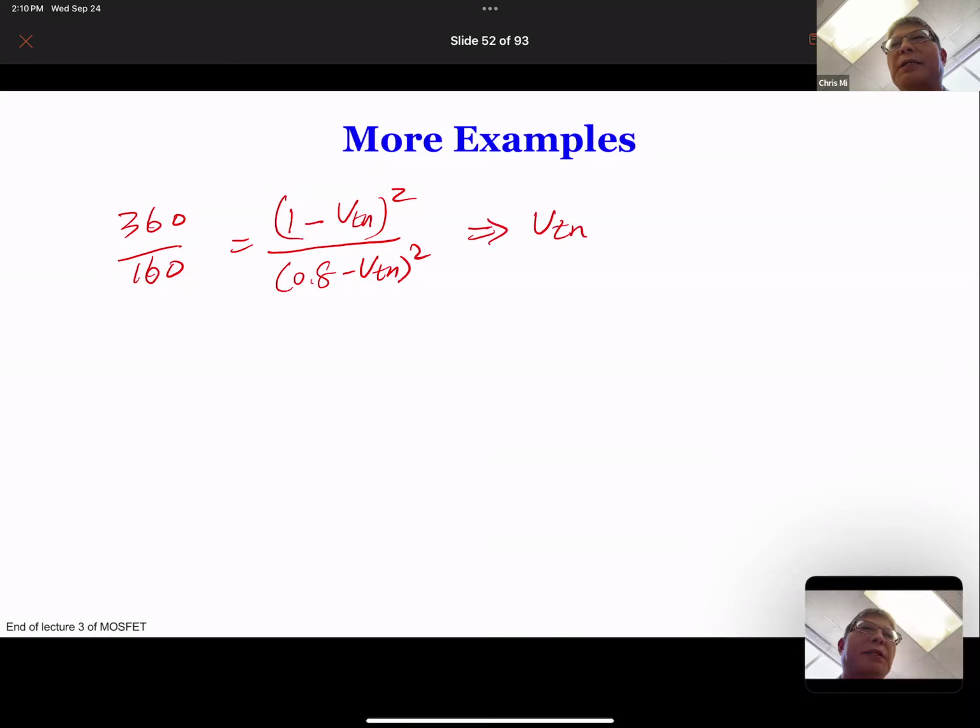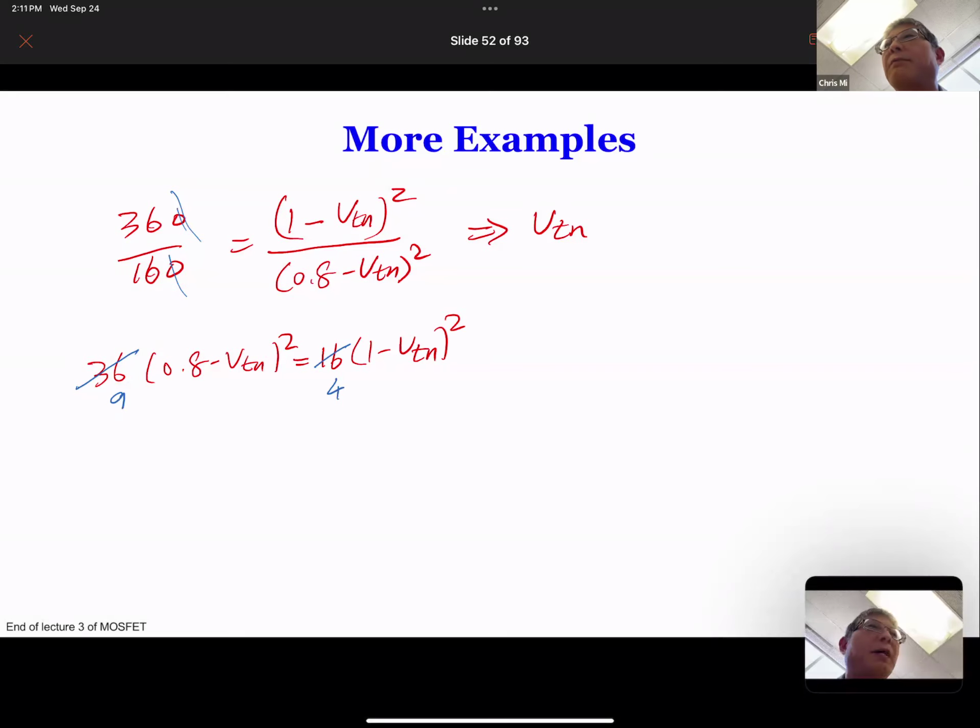I'm probably not going to go into that much detail, but what you can do is cross multiply: 36 multiplied by 0.8 minus VTN squared equals 16 times 1 minus VTN squared. Because 16 and 36 both have 4 in them, we simplify to 9 and 4, which makes it a little bit easier.